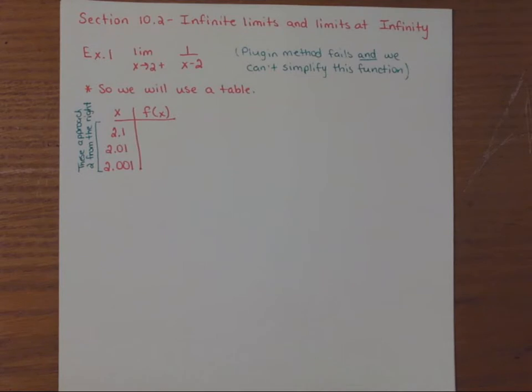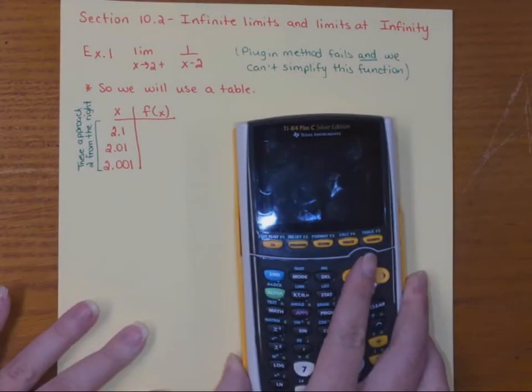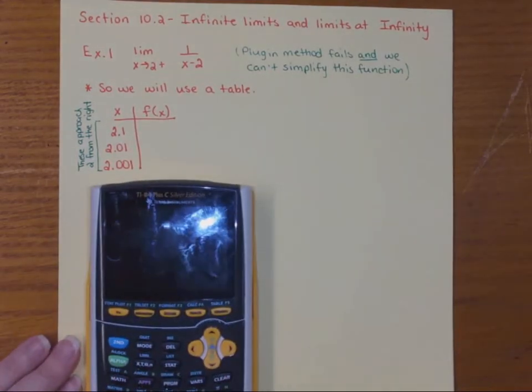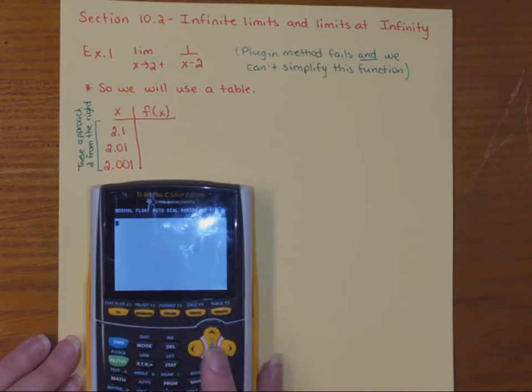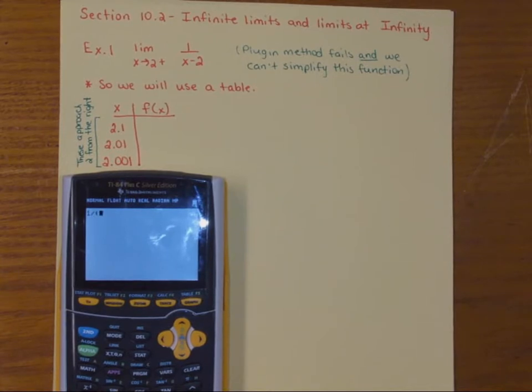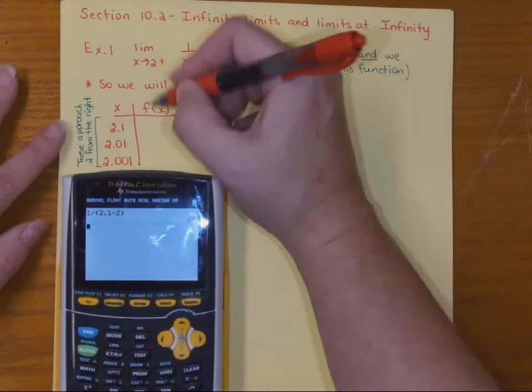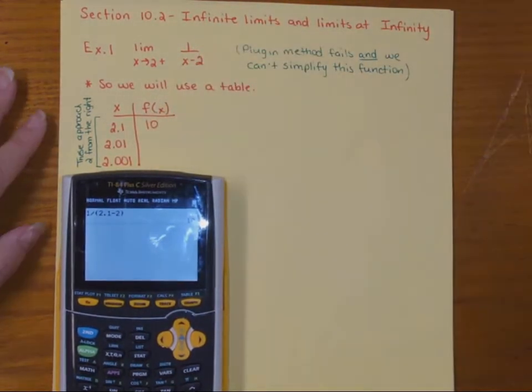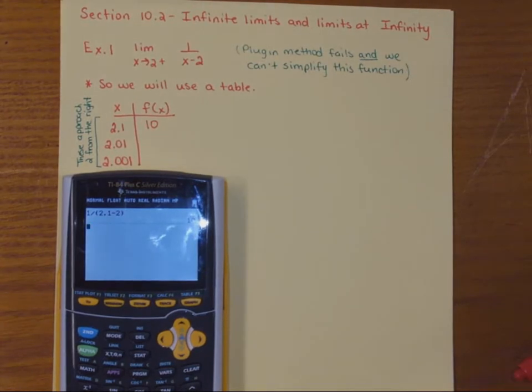So if you have a graphing calculator, I'm going to try to kind of project it here and see if that works. It's a little dark, but just kind of some keys on the calculator. Let me see if I can get that out of the glare. There we go. All right, so we want to plug these values in. So if you do 1 divided by, make sure you put parentheses, 2.1 minus 2. Notice we will get 10. And then we want to plug in the next number, 2.01.